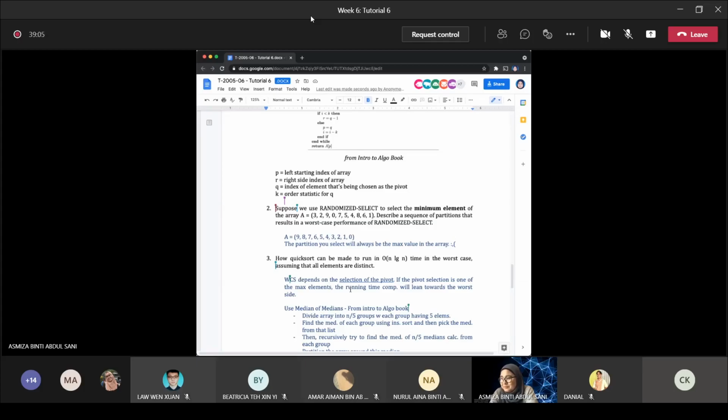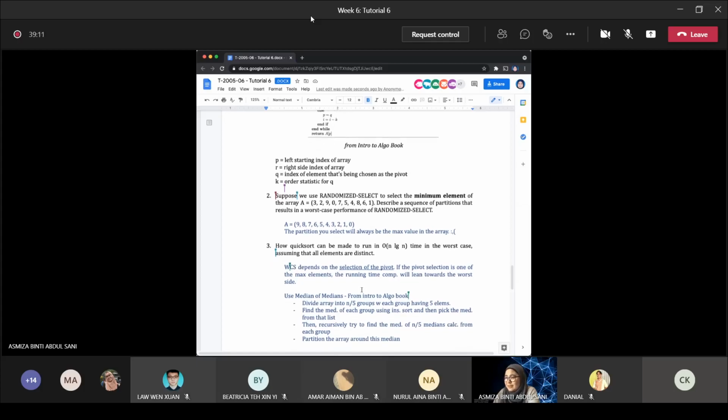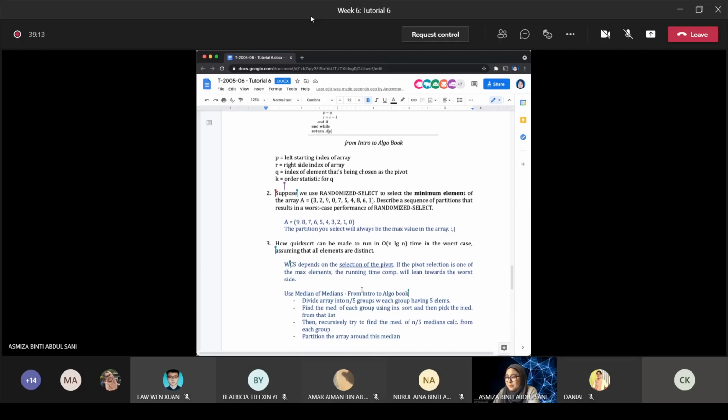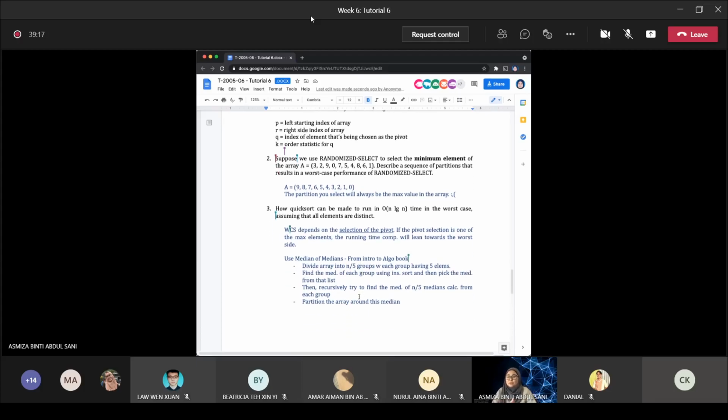Alright, so question number 3. How can quicksort be made to run in order of n log n time in worst case, assuming that all elements are distinct? So n log n.